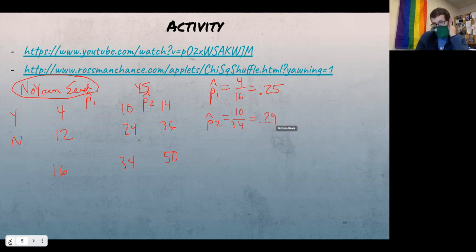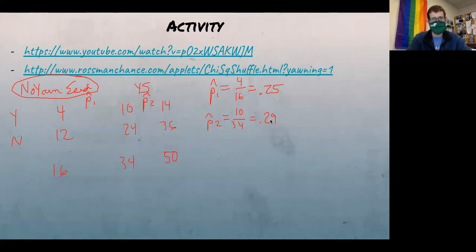So initial results are that there is some evidence that seeing someone else yawn is, what's the word I'm looking for, contagious. There we go, contagious. Seeing someone yawn is somewhat contagious because there's a higher percent than people who didn't get a yawn seed. Now, it doesn't look that big of a difference.